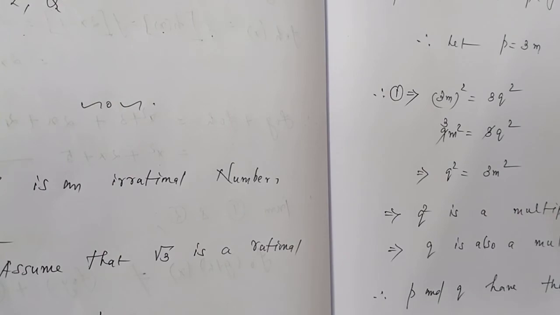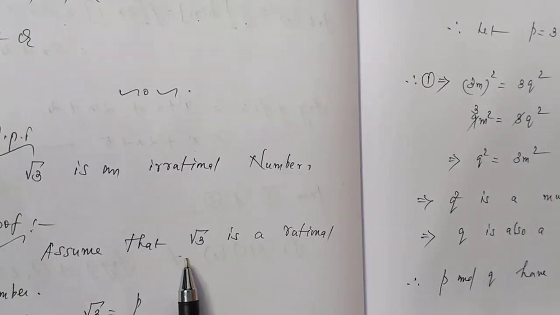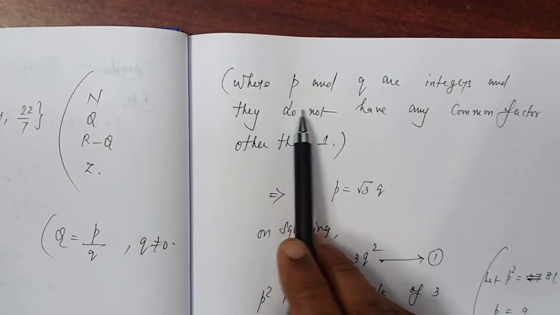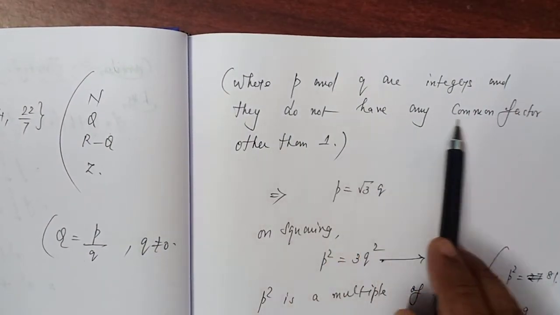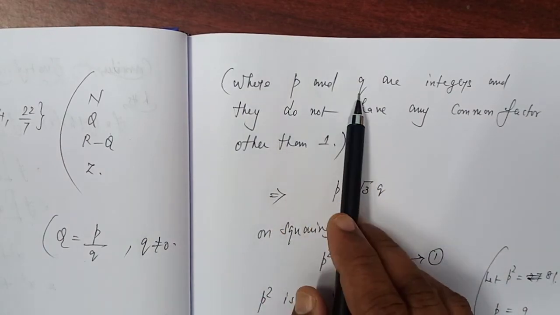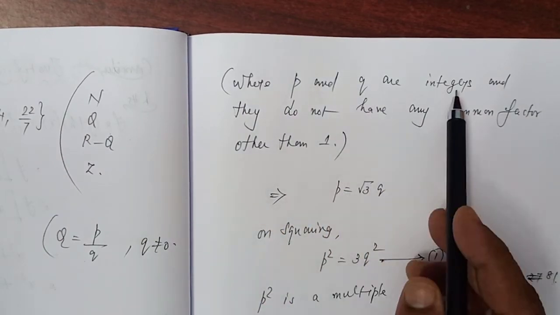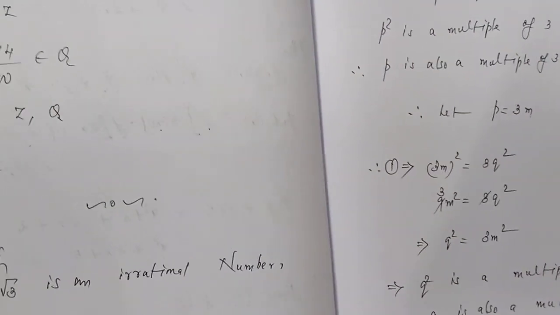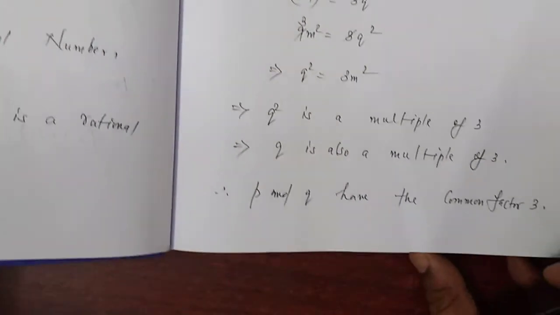Root 3 is a rational number. Rational number means that P and Q are integers, and they don't have any common factor. So according to the definition of a rational number, P and Q don't have any common factor other than 1. But what we have proved is that P and Q have the common factor 3.